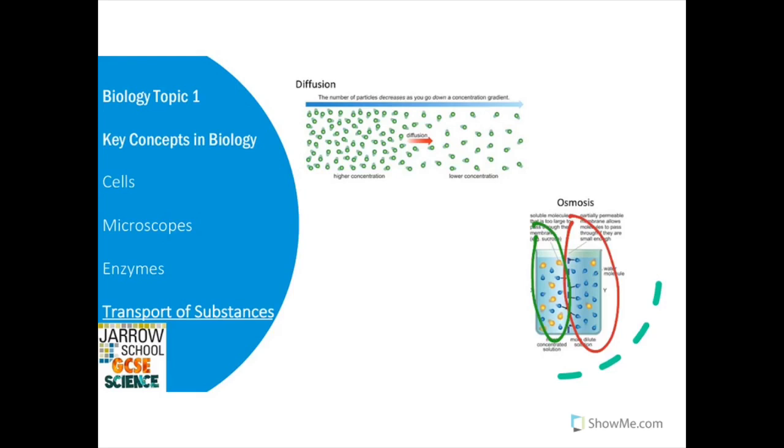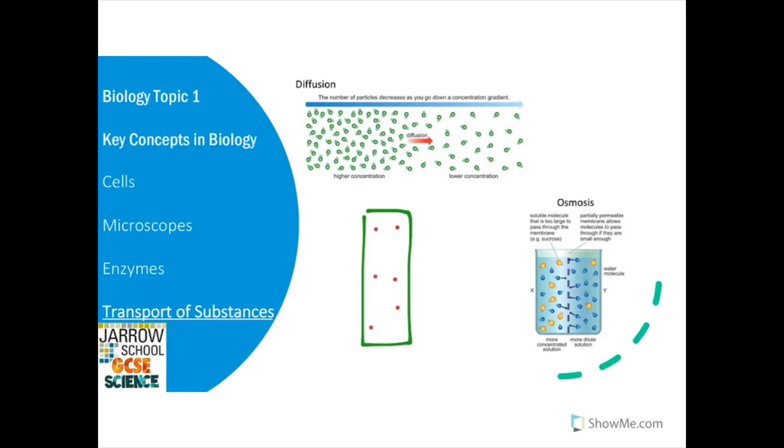So that means, for example, if you were to put a piece of potato into some water, so here's a piece of potato, the potato will have different things dissolved inside its cells. And if you put it into a beaker of pure water, the water will move.